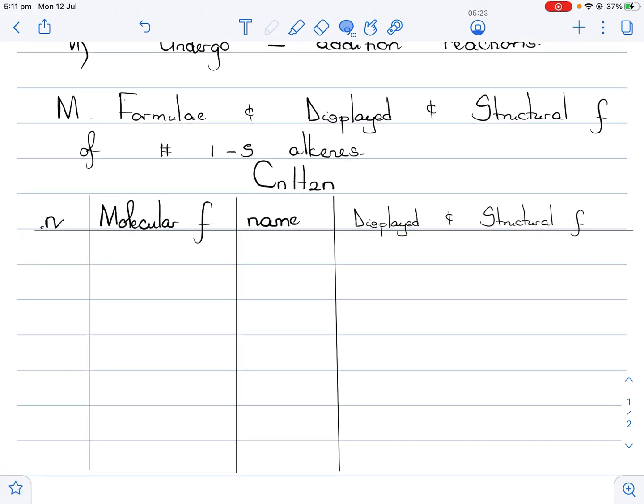Right, so when n is equal to 1, substituting in this formula, this becomes CH2.